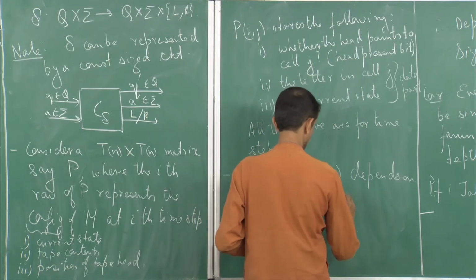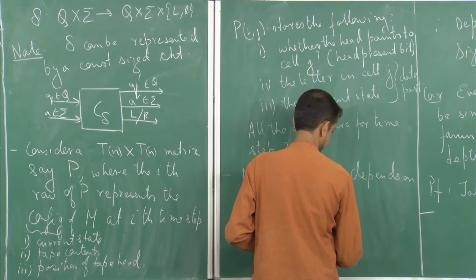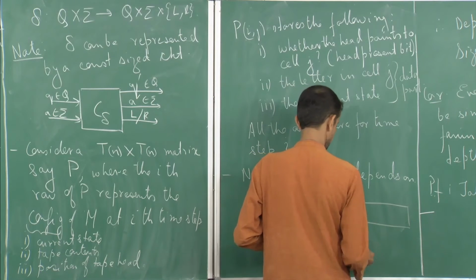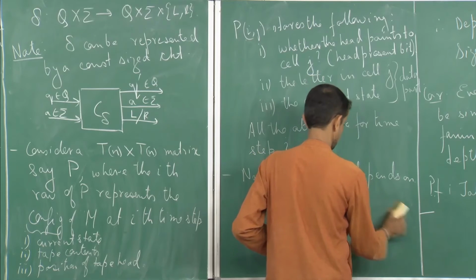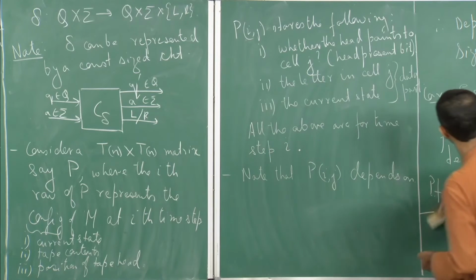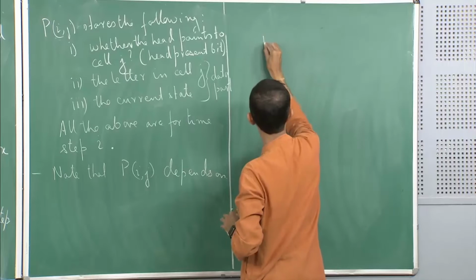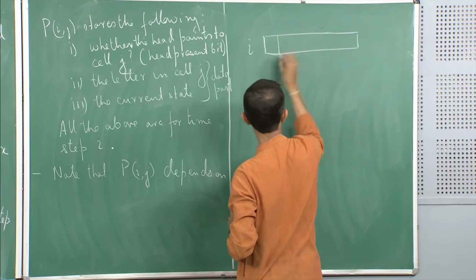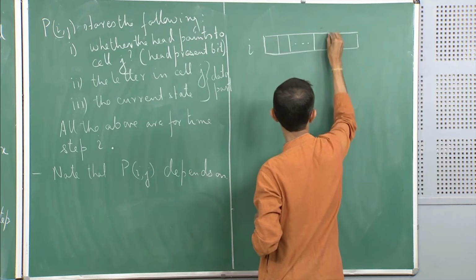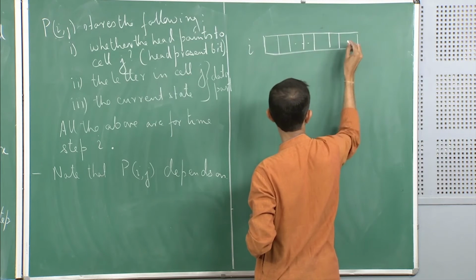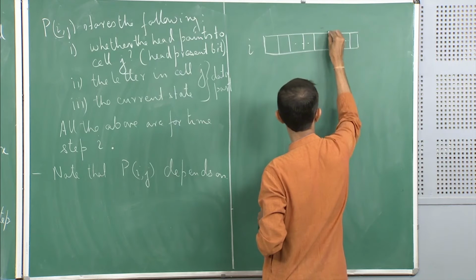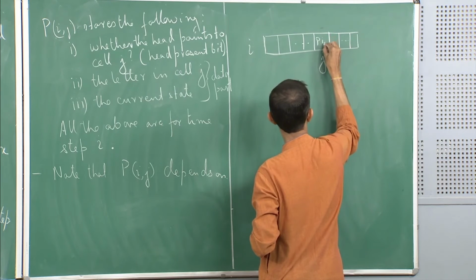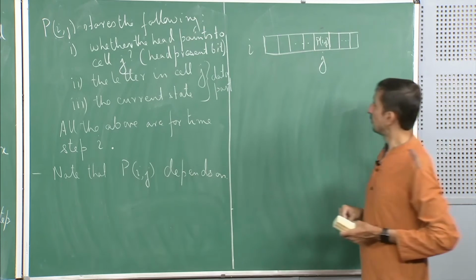So if I draw a picture, let us say this is my ith row, and this is my jth, so this is my P_ij. What does it depend on?